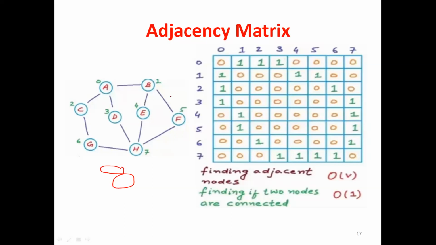To represent this graph, first I should have a key value pair. I should map A to 0, then map B to 1. If it is alphabets or city names, I should map that city to some numeric value.